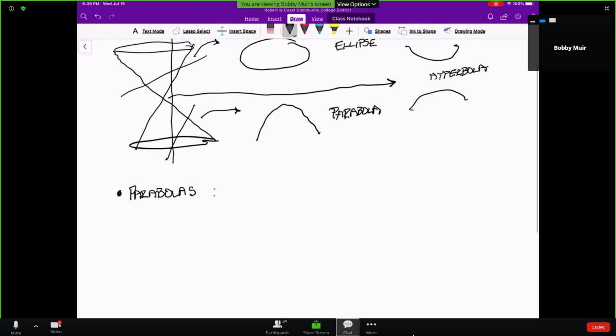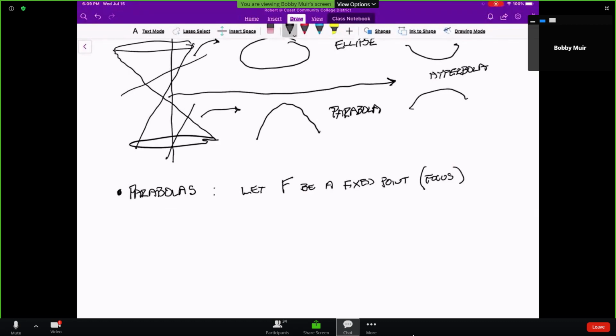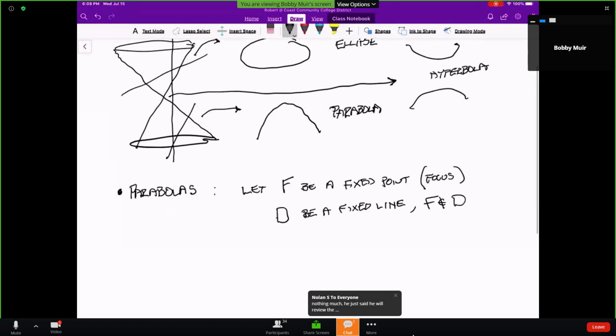All right, so let F be a fixed point. It's called the focus. And let, a lot of times the book uses D, be a fixed line where F is not on D. D is called the directrix.